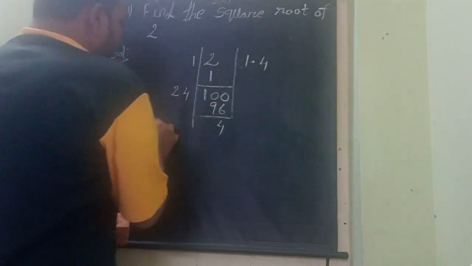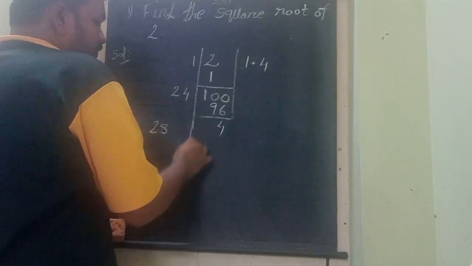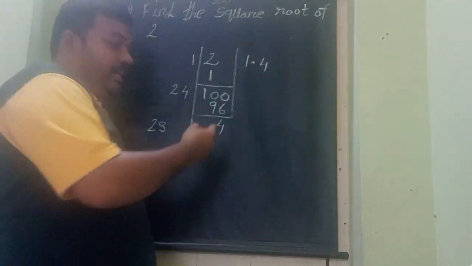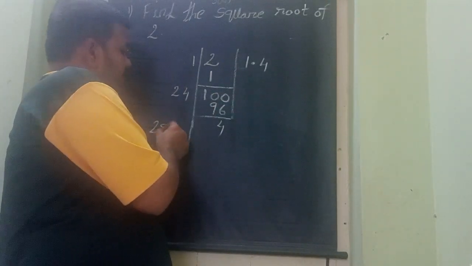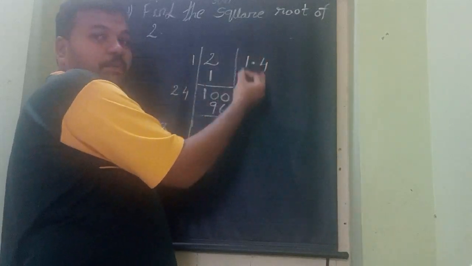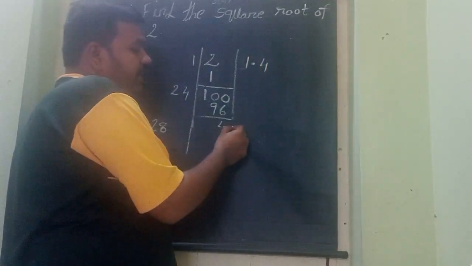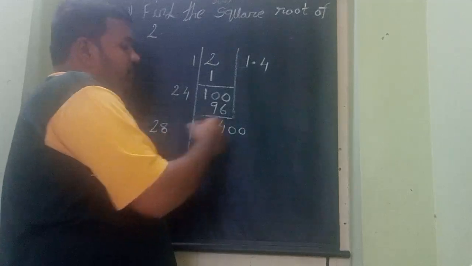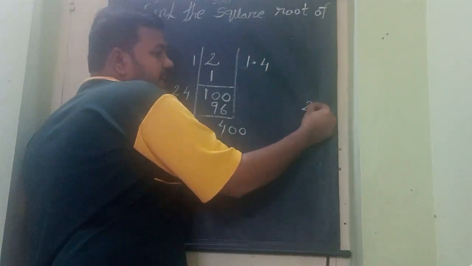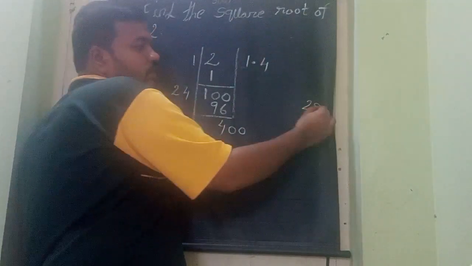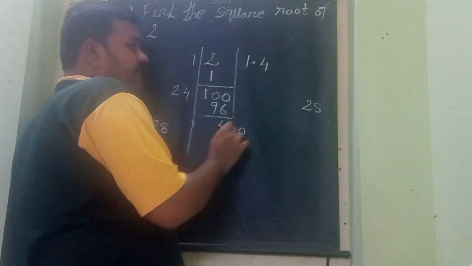14, 14, 28. So double the quotient. We have to find up to 2 digits. So 28. Now the decimal point is already given here, and it will give us 2 zeros. Beside this 28, we have to give one number. Starting with 1 because it is nearest.